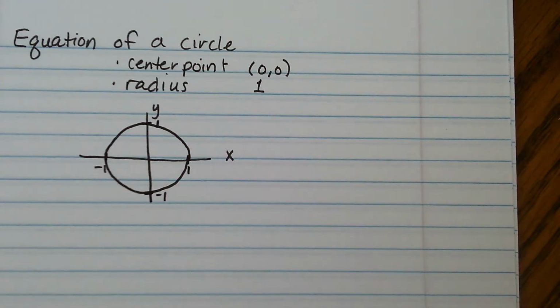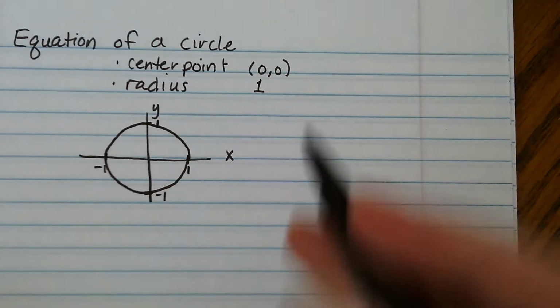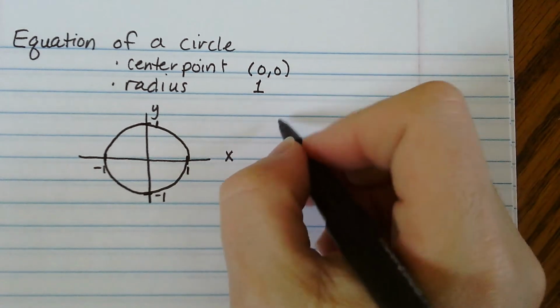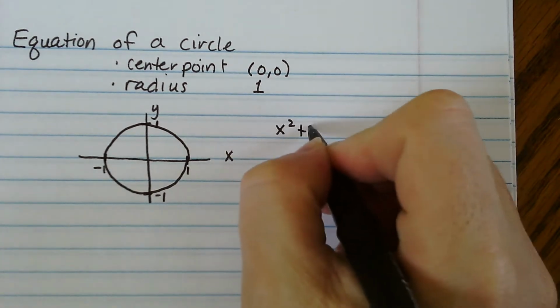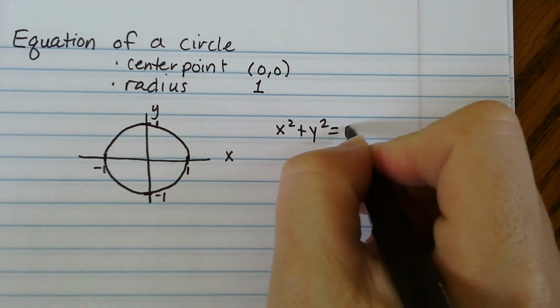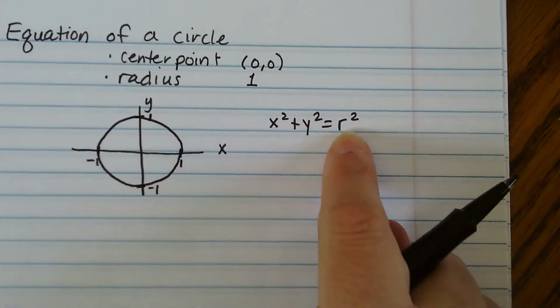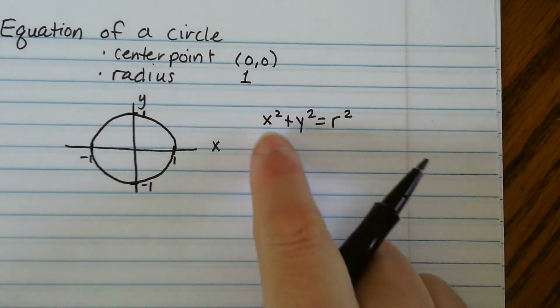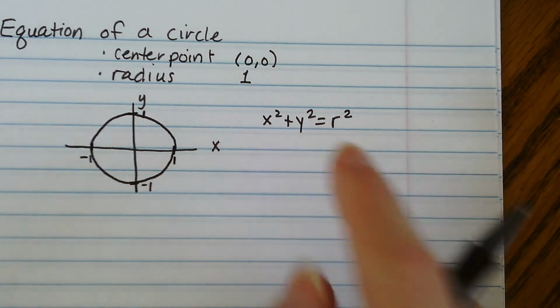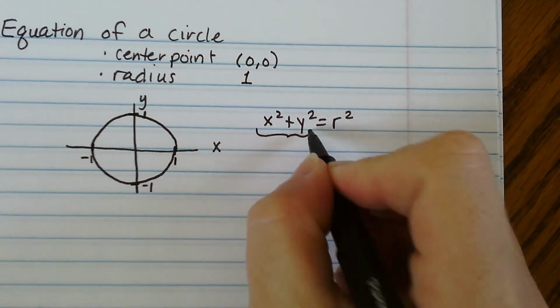Okay, so the equation for the unit circle is x squared plus y squared equals r squared, where r is your radius. X squared plus y squared represent the center point at 0, 0.